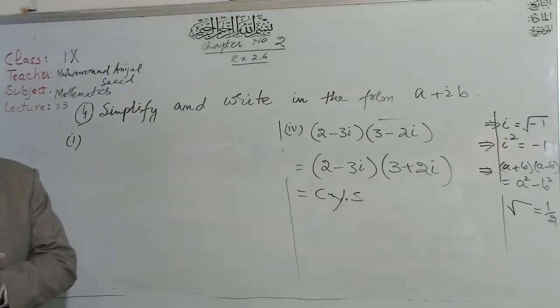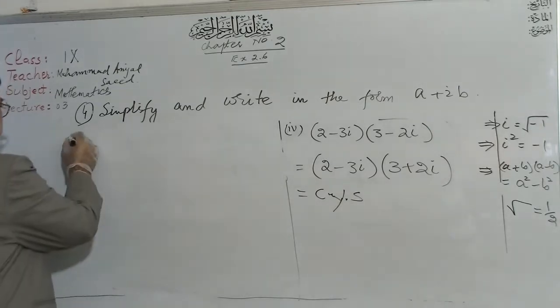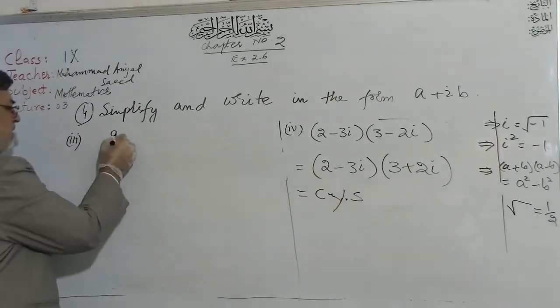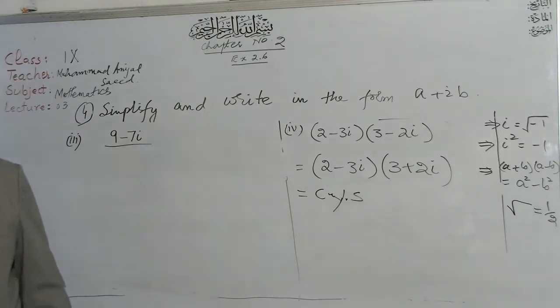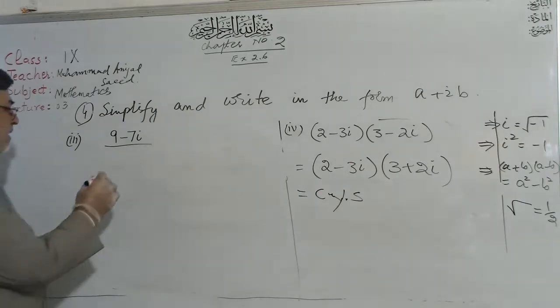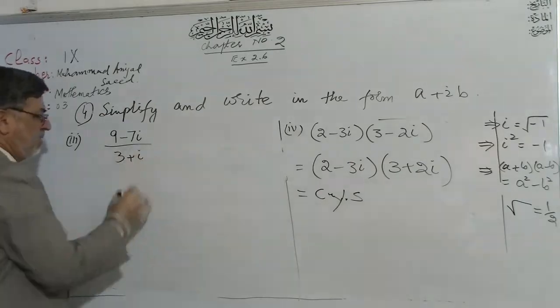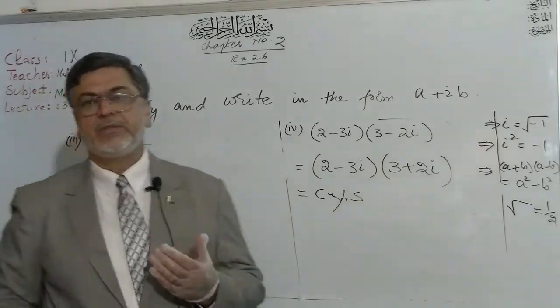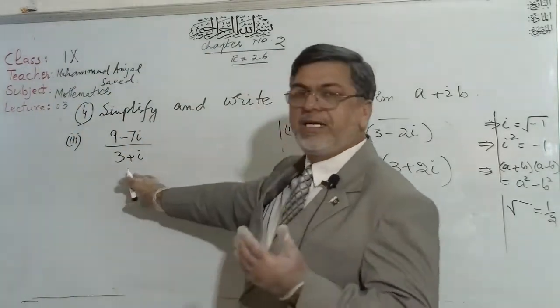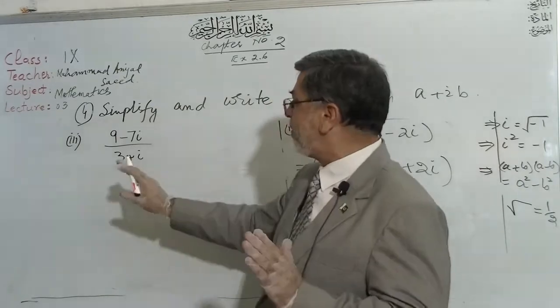That is 9 minus 7 iota divided by 3 plus iota. Dear students, we have to make the denominator free from iota.